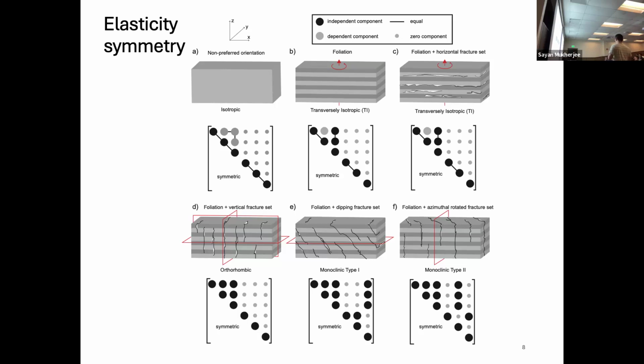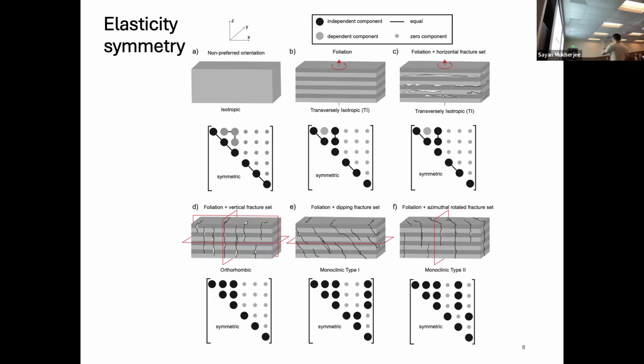And then if we add some additional fractures onto this background media, if the fractures are aligned horizontally, it doesn't further increase the order of symmetry. It also remains transverse isotropy with 5 independent parameters. And if we assume that the fractures are oriented vertically against the foliation, that will be an orthorhombic media, which requires a total of 9 independent parameters.